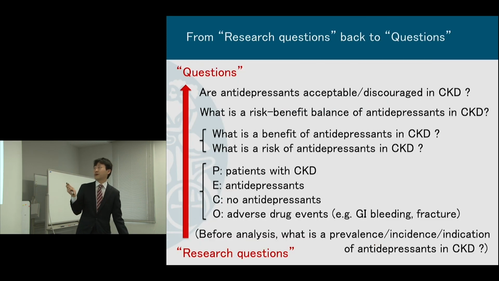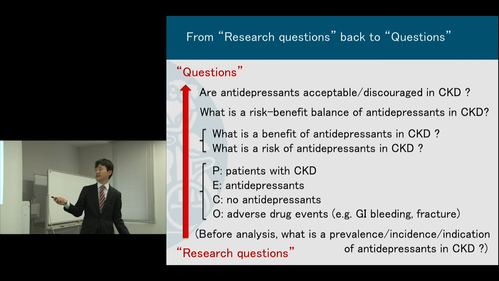Okay, so coming back to be more comprehensive, to the 2 research questions. I conducted the first paper, a drug utilization study, suggesting that antidepressants are more likely prescribed in patients with CKD. But there was excess risk increased in patients with CKD.